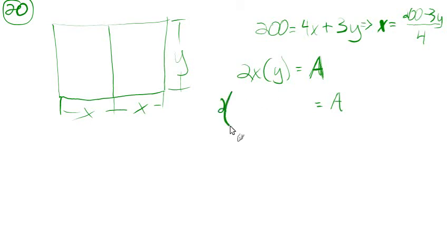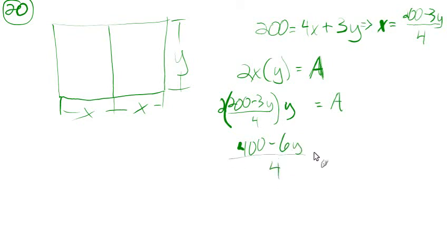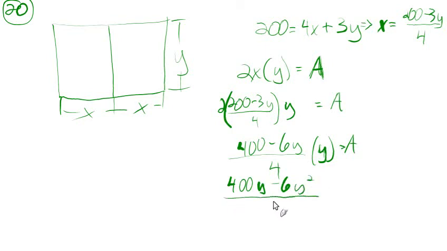So 2 times our value for x, 200 minus 3y over 4, times y, and that's equal to A. So let's see, 400 minus 6y over 4 times y is equal to A, and 400y minus 6y squared over 4 is equal to A. Okay.